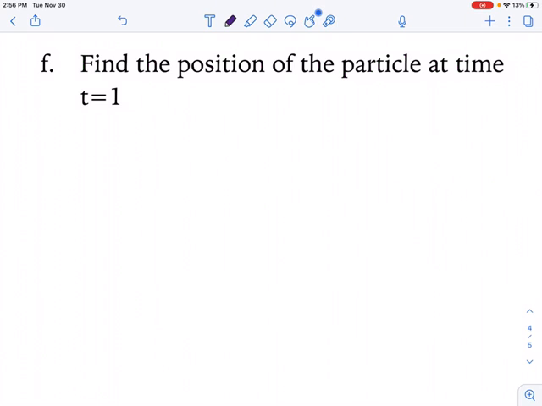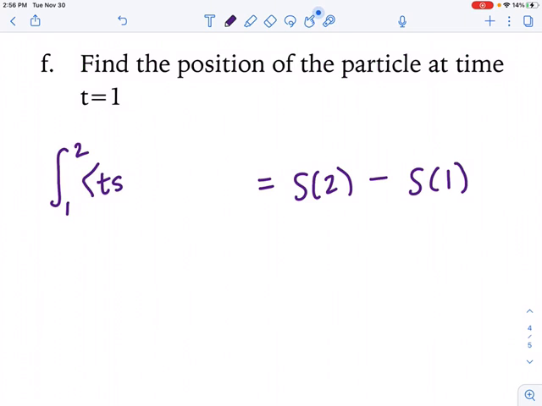So let's just remember the fundamental theorem of calculus that says the integral from a to b would be the antiderivative at b minus the antiderivative at a. So if we take the integral from 1 to 2 of our velocity vector, then that's going to equal the position vector at 2 minus the position vector at 1.